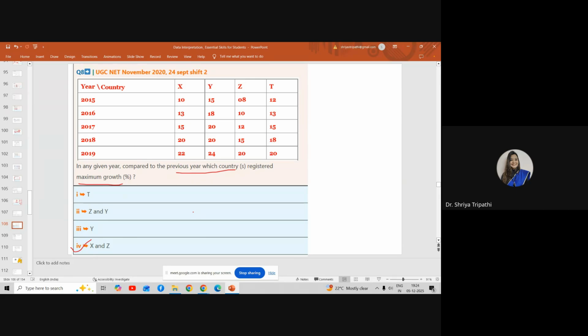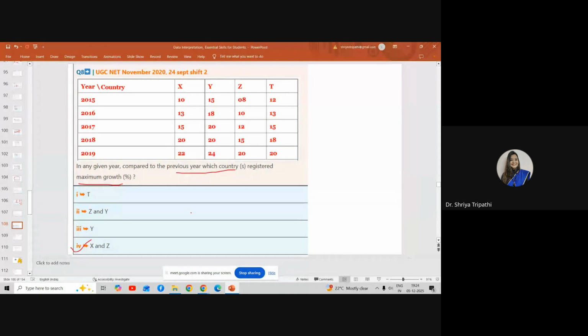How will we calculate here? Which figures will we consider? Ma'am, where we see maximum difference. Like in Z, the last 15 to 20, and in X also 2017 and 2018. Yes. So maximum is coming in X and Z. So the right answer is option number 4, X and Z.